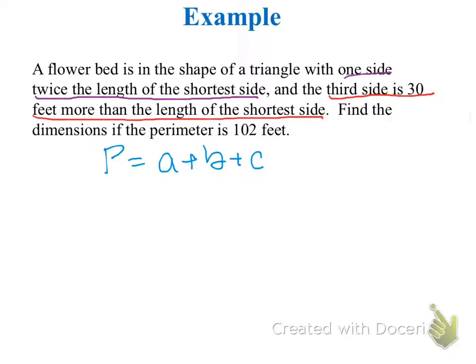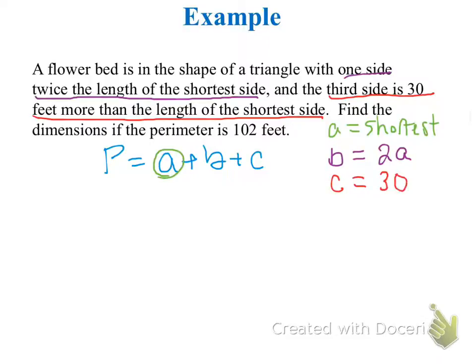So let's call the shortest side A. A equals shortest. So the purple side, let's call our B. B is twice the length of the shortest side. And C, the third side, is 30 feet more than the shortest side.